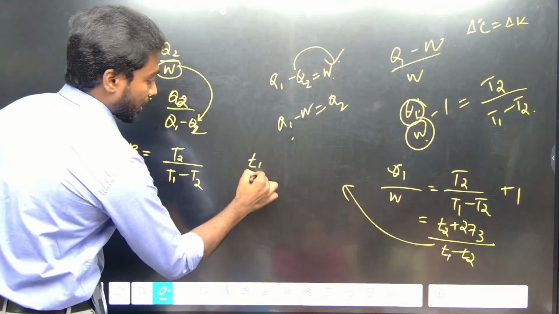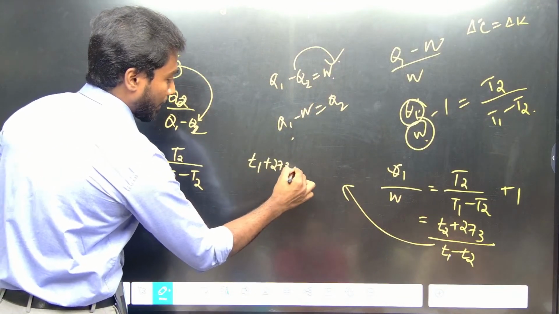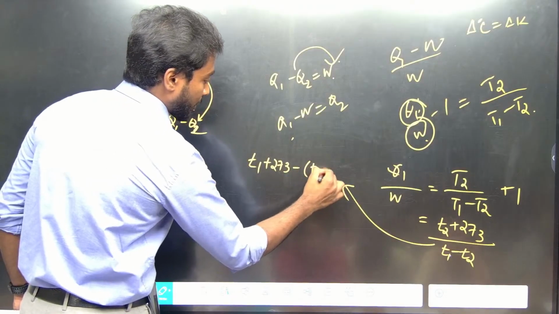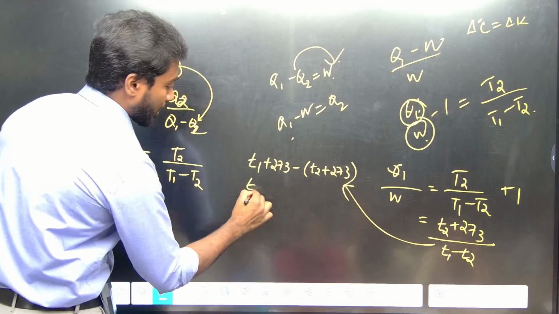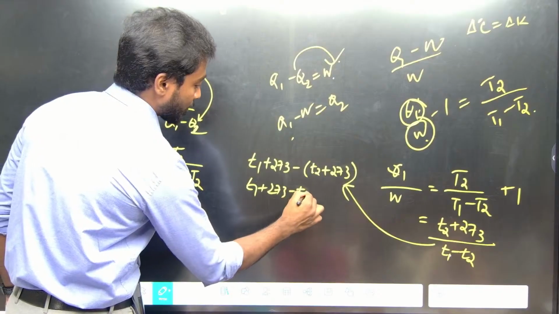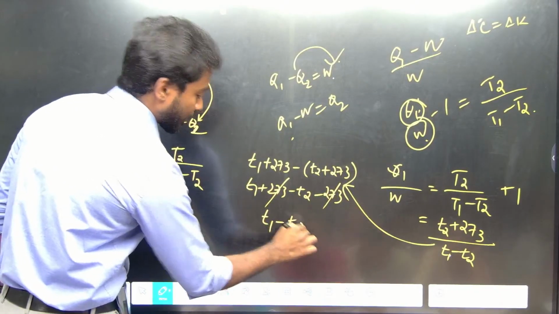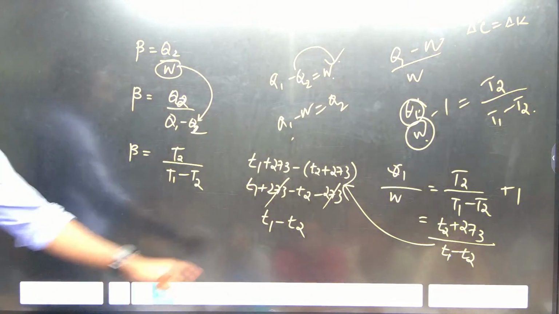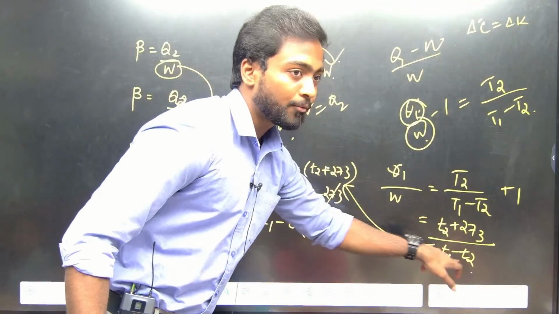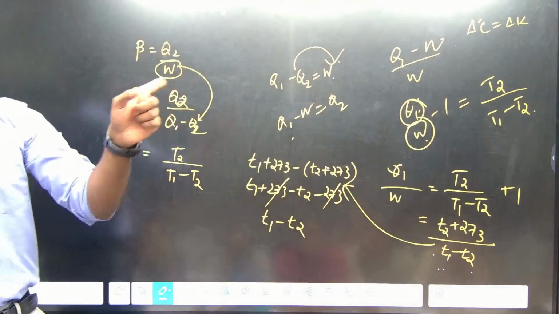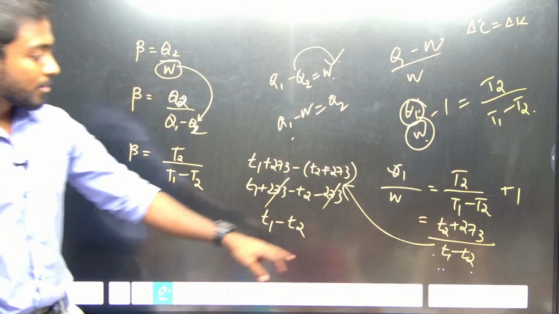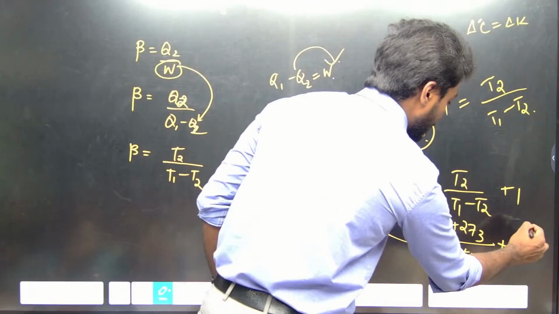So T1 plus 273 minus of T2 plus 273. So T1 plus 273 minus T2 minus 273. So I will get T1 - T2. If you add 273 to both of them, if you subtract also, you will get the same value. Now remaining is plus 1.